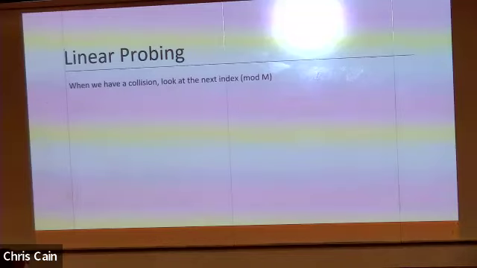So we still want to just store one element at a particular index. Linear probing basically says, okay, we have a collision, we're just going to look at the next index. And now, instead of searching through the entire array, the value from the hash function maps to the first place that we would look. And then we start looking from there linearly on.